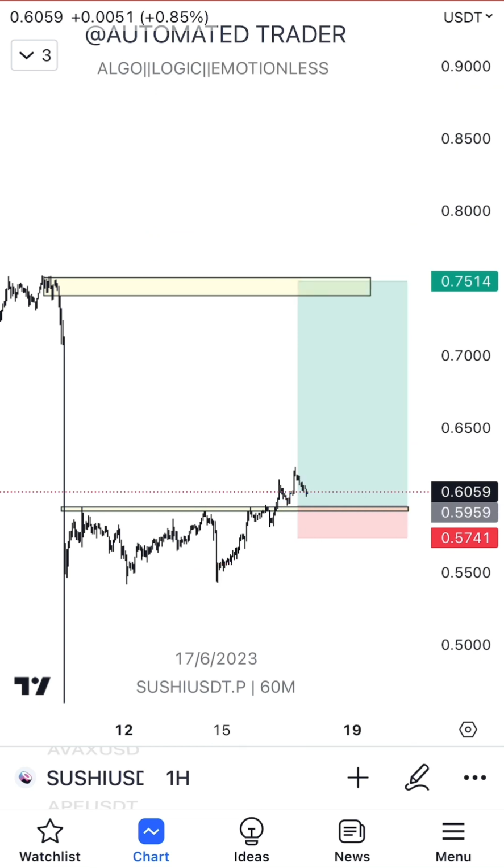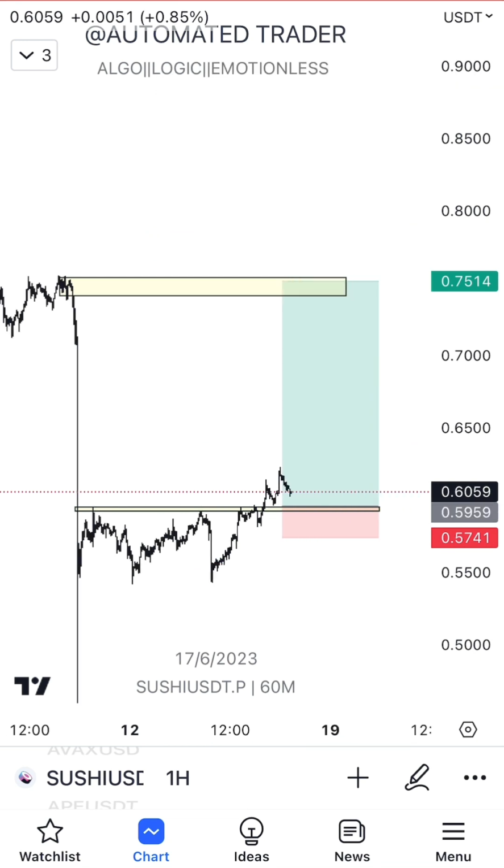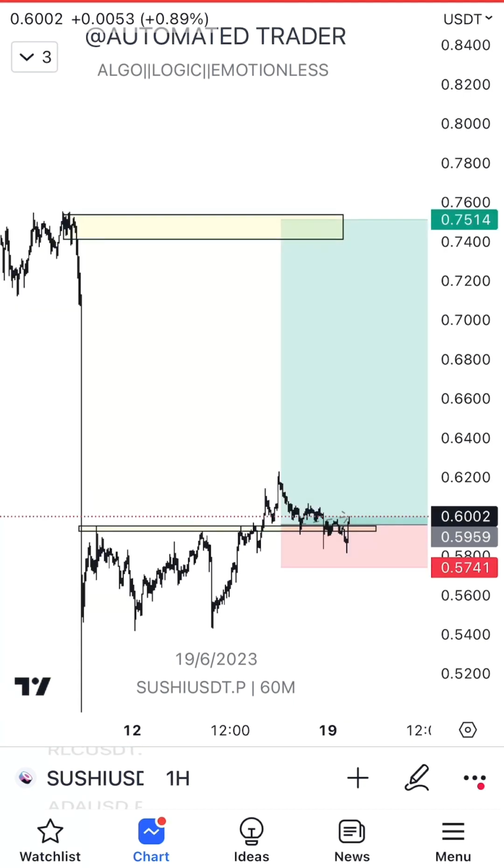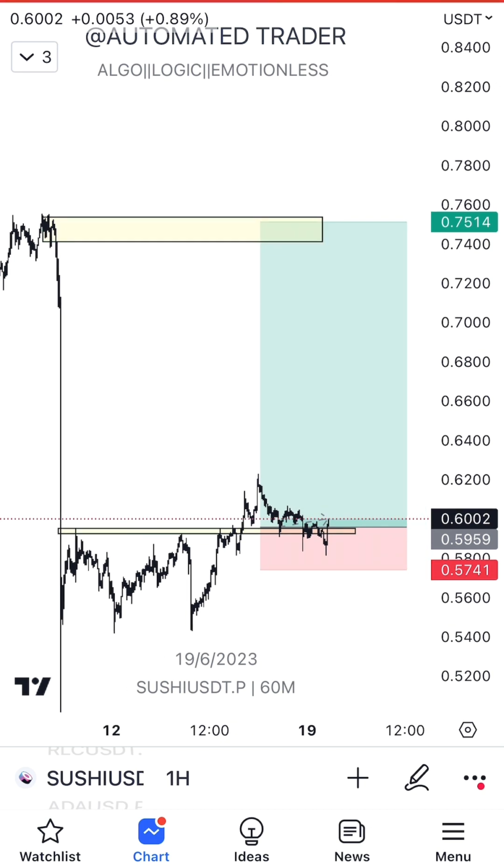Okay, so now we are done with the analysis, we have checked that box. Now the second step is our risk management. In the previous video that I did, I explained how to do this analysis. Now the trade is already triggered and it's moving already.